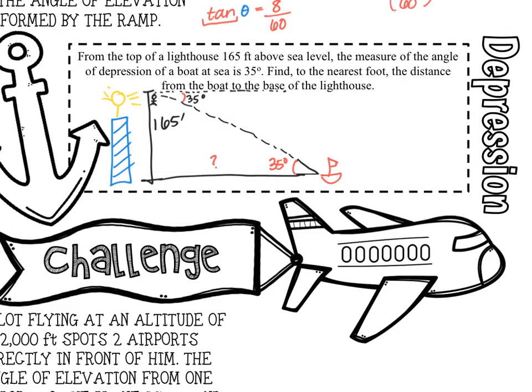And so I'm going to focus in and I'll highlight in blue the triangle that I'm going to be working with. So I have 35 degrees, I have 165 feet, and then an unknown.